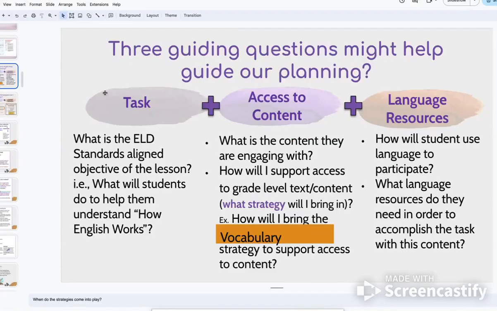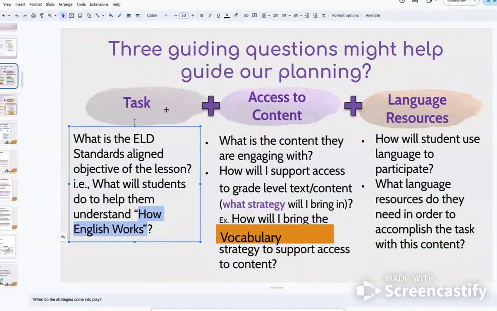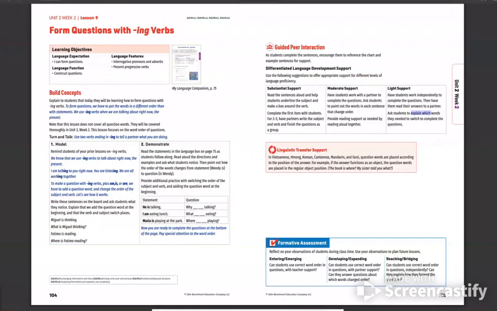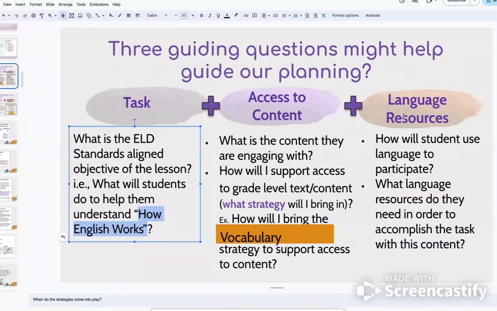I go back to ensure that I have helped students understand how English works. That's the task. They have access to the content through the visual supported text chart and language is scaffolded.